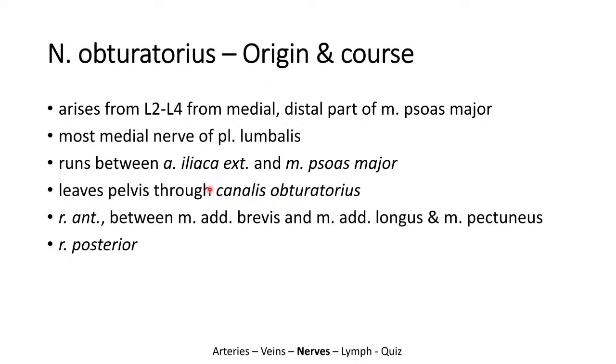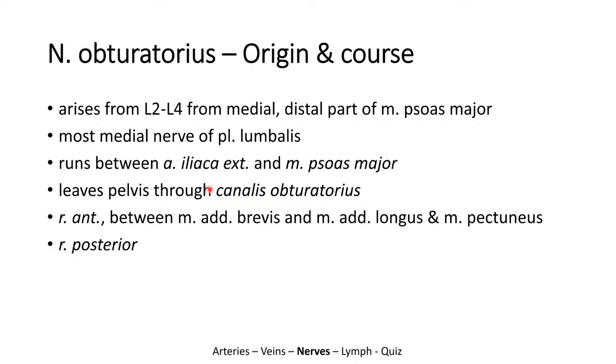Now, the anterior branch will also innervate a few muscles, so musculus pectineus, musculus gracilis, adductor longus, and adductor brevis. Magnus is innervated by the posterior branch. And take care, you already know it from this week, musculus pectineus and musculus adductor magnus receive dual innervation.